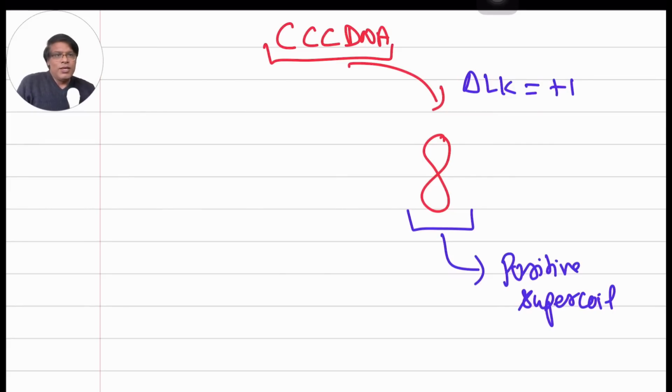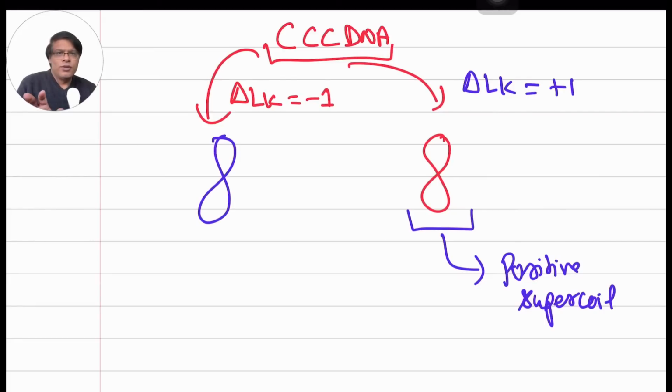If you look at the supercoils, they move in a right-handed manner. If you see from bottom to top, the coils move in a right-handed direction. So the positive supercoils are being formed. They are right-handed.